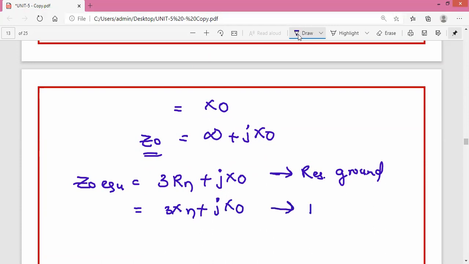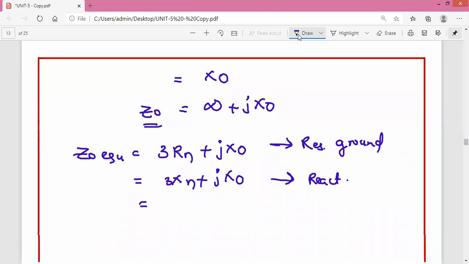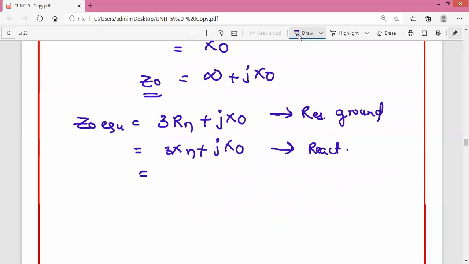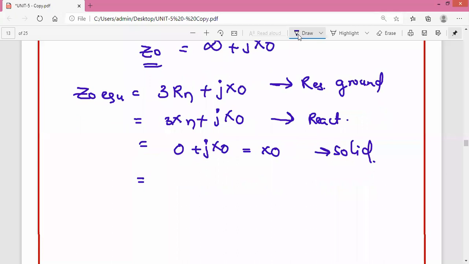This is for reactance grounding. If the solid grounding is taken place, 0 plus jX naught, which is equal to X naught only. This is for solid grounding. If neutral is opened, similarly it is infinity plus jX naught, which is equal to infinity only. This is for isolated neutral.